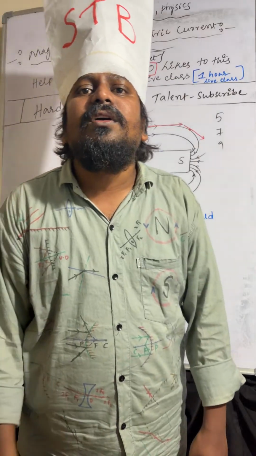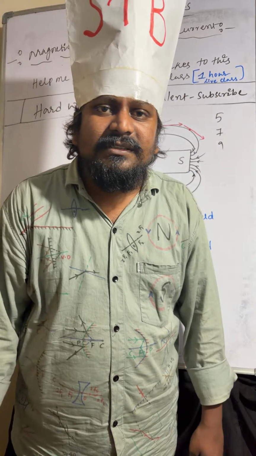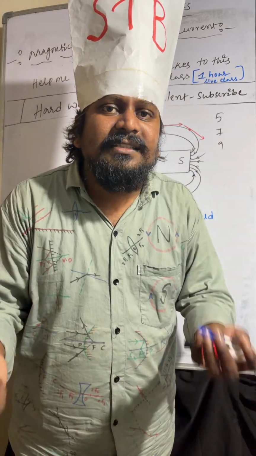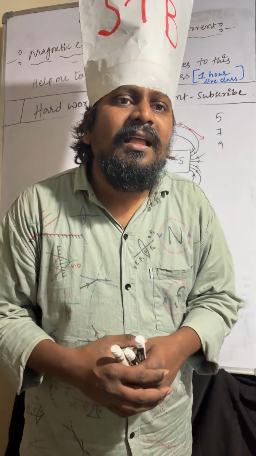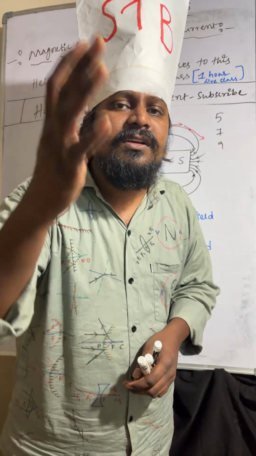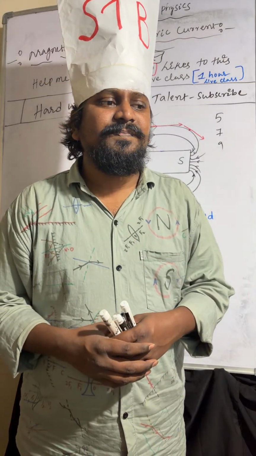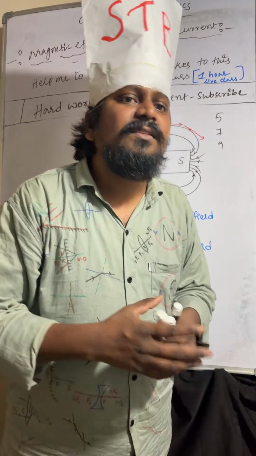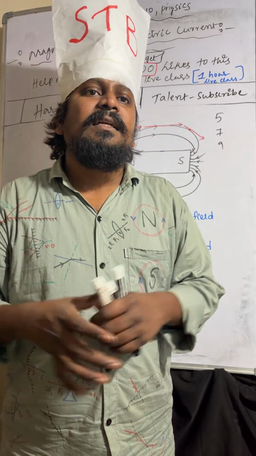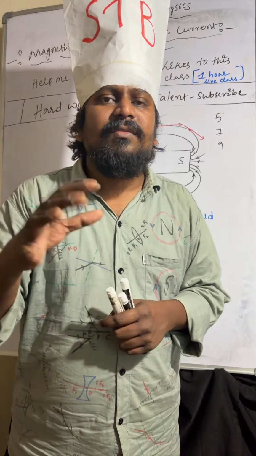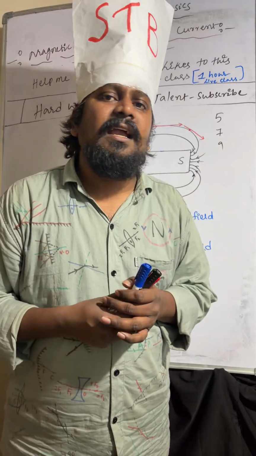It will show only the north and south direction. What is there inside the compass? It is a magnetic field. It always shows the north and south direction.